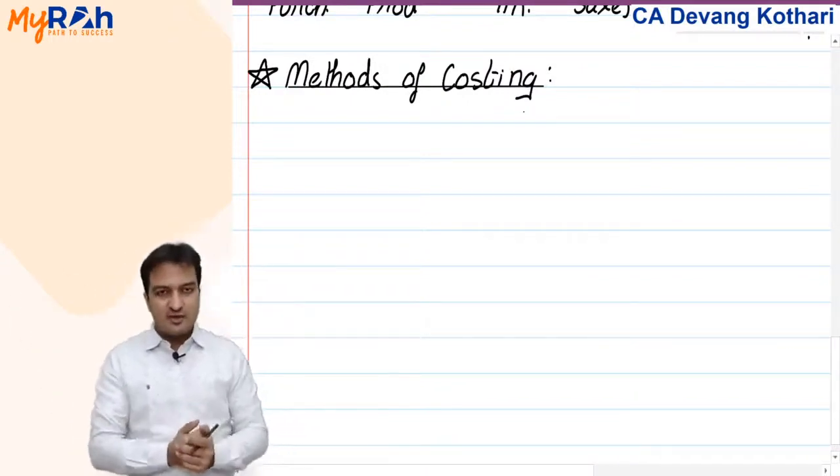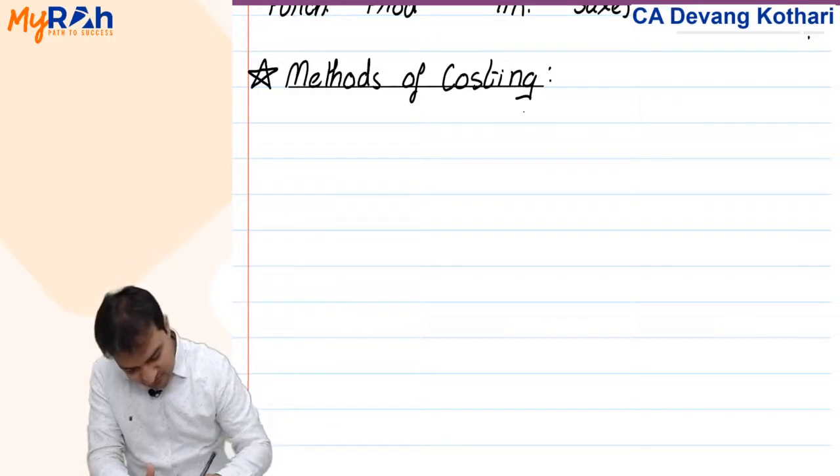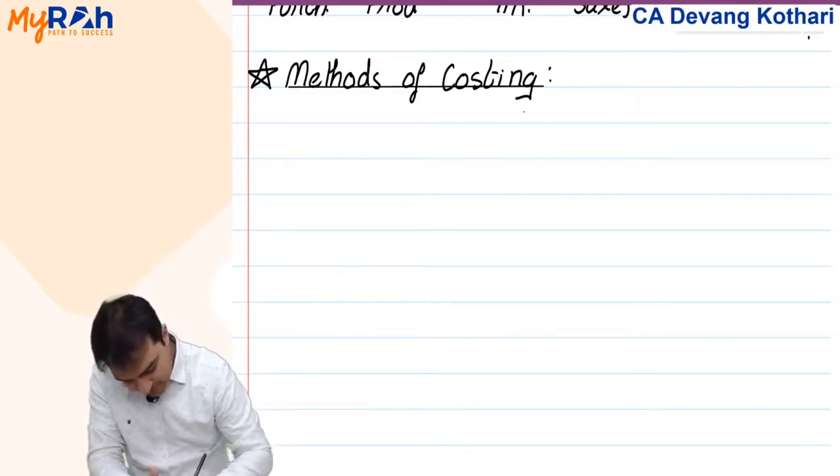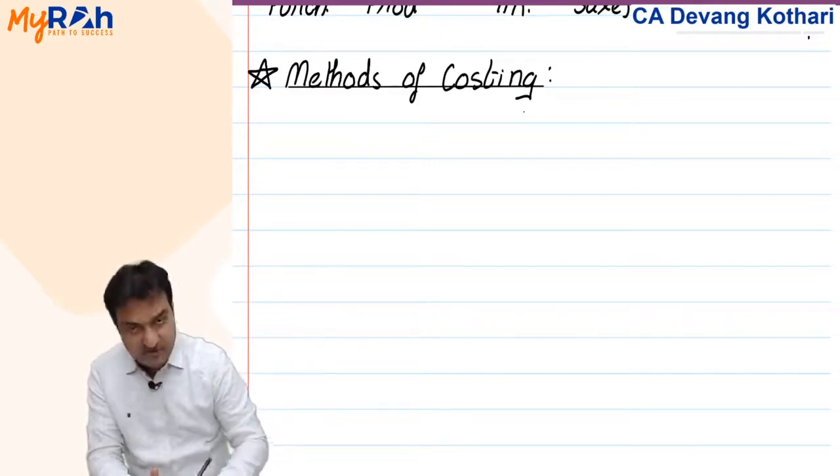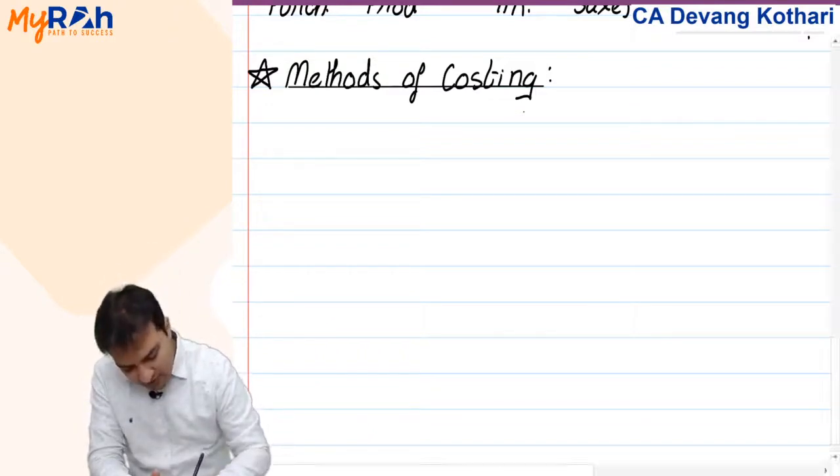Now, as such, there are 2 methods of costing. Notice there are 2 types of industries based on which methods of costing will come.